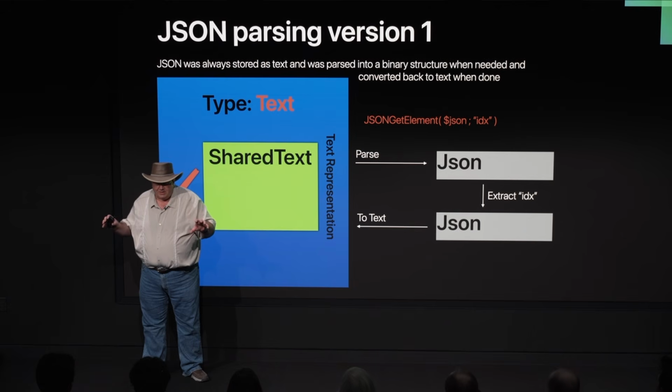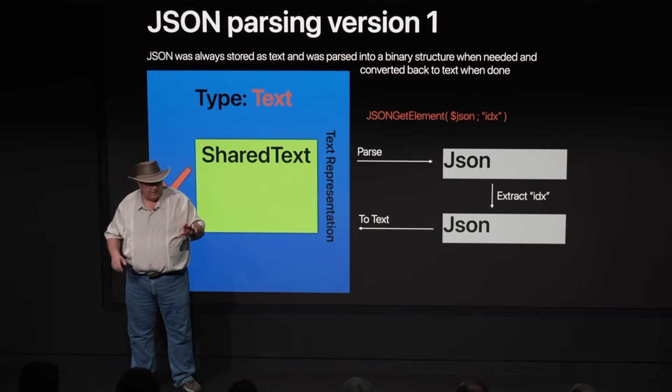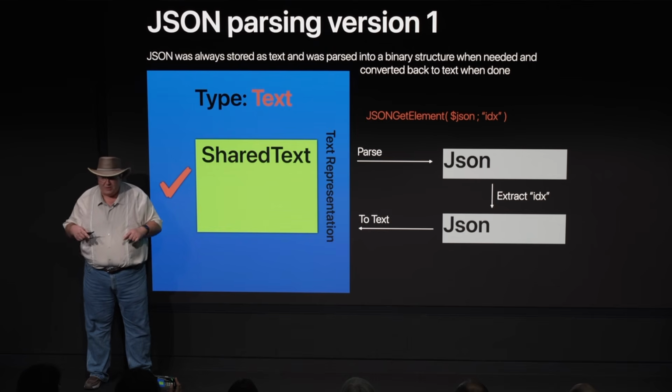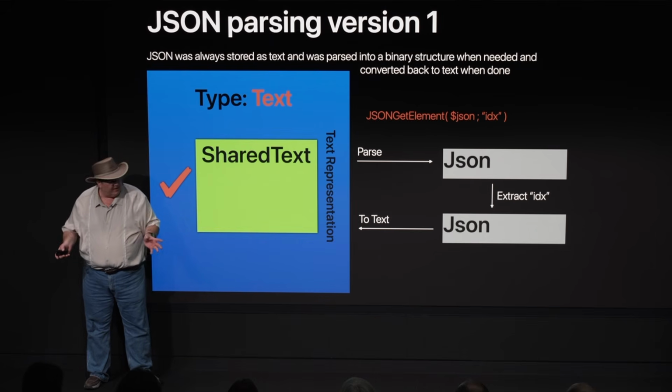So if you have one DB data and you assign it to this other DB data, say make this DB data equal to that, the two of them are still pointing to the same actual low-level text object, but the ref count is bumped by 1. So making a copy of a DB data is pretty quick because there doesn't have to be much work. You just have to bump a number.